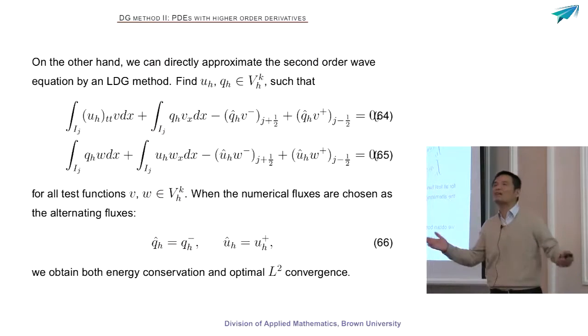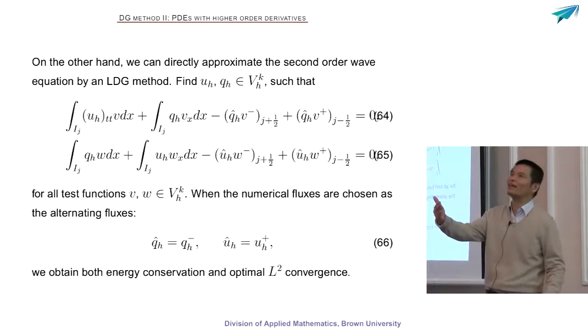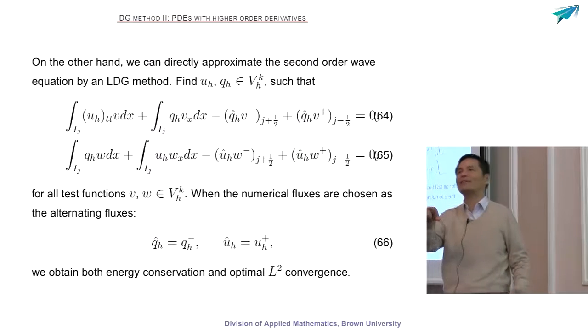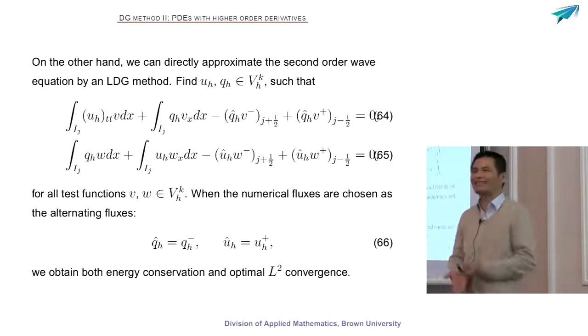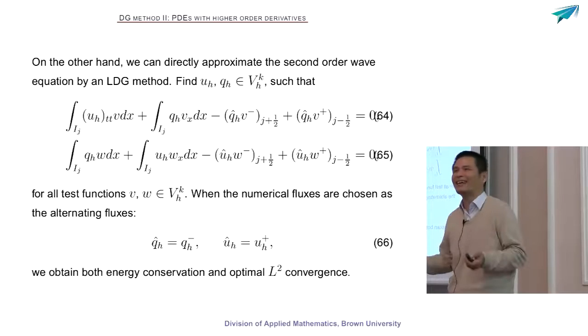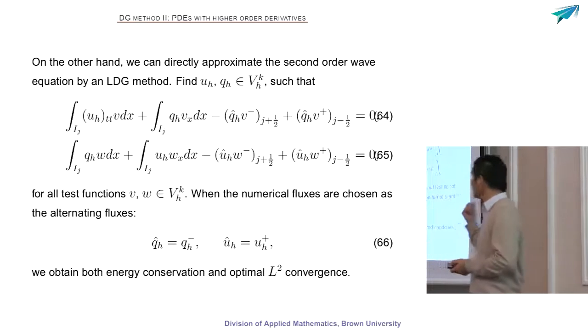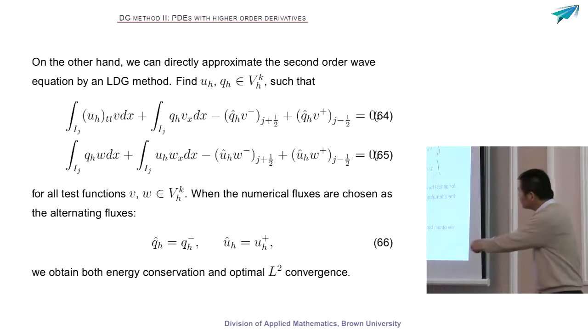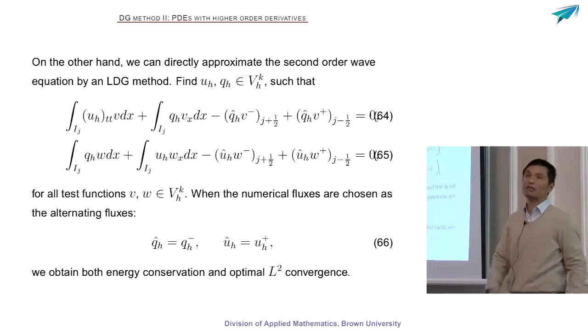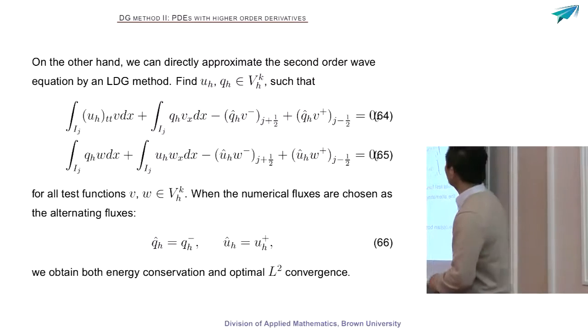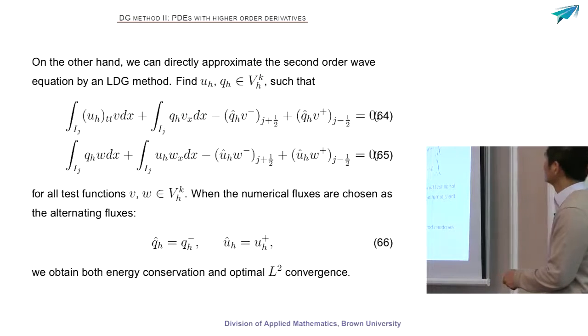They get some kind of conservation with a modified energy which has this alpha in it, but then physicists don't like it. So that's not energy, that's something else. So here, you don't have parameters, you have a very simple choice of numerical fluxes, but then the method is already energy conserved.